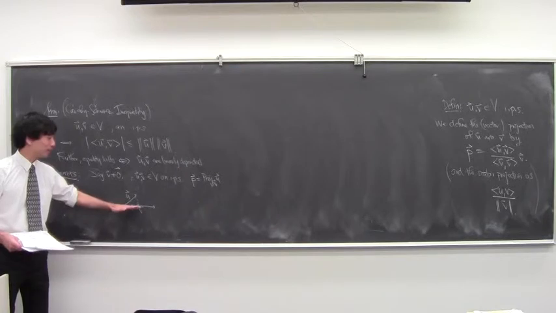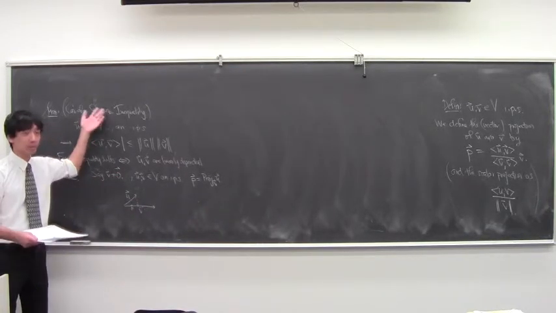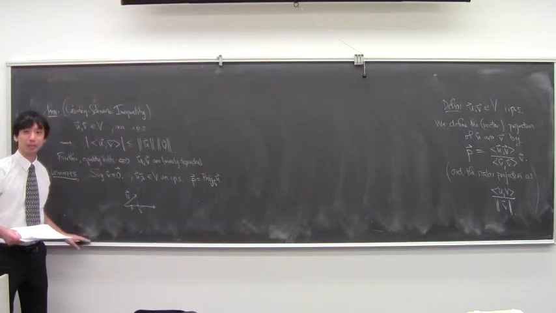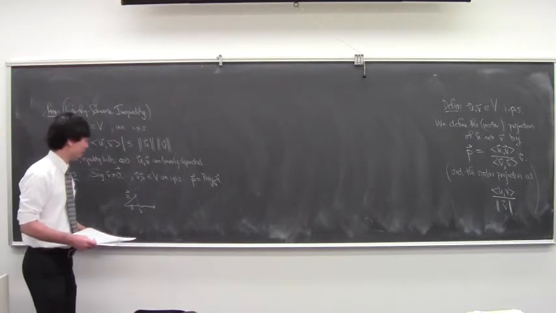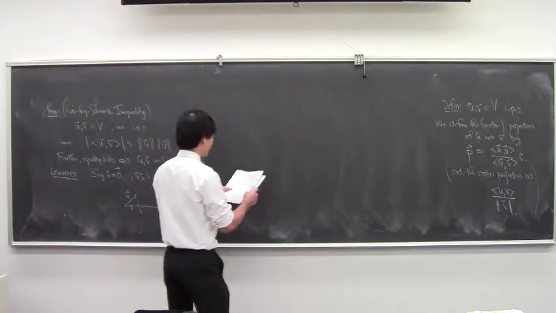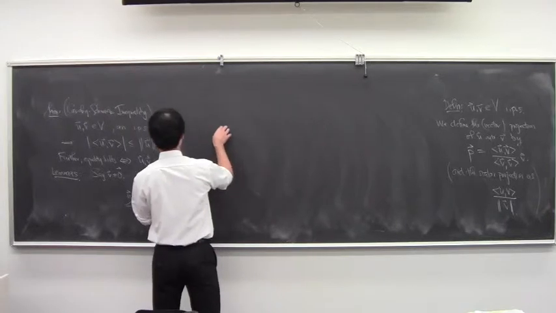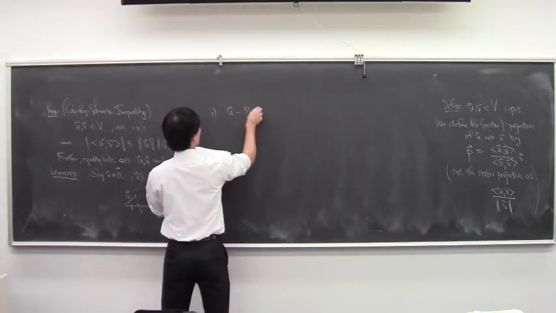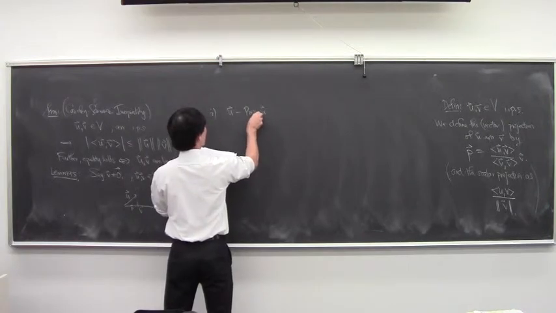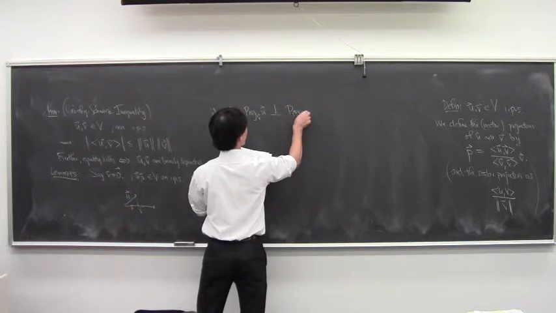This is a Euclidean space picture for something that is not Euclidean space, so this is just something to keep in mind. Then one: U minus the projection of U on V is perpendicular to the projection of U on V.